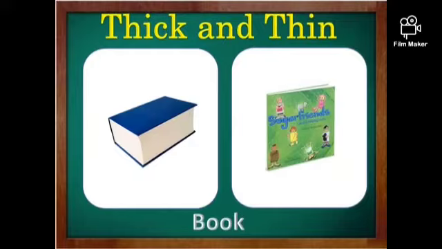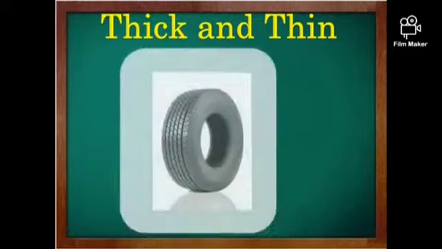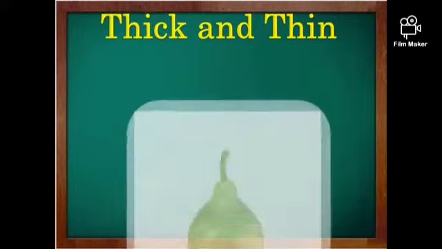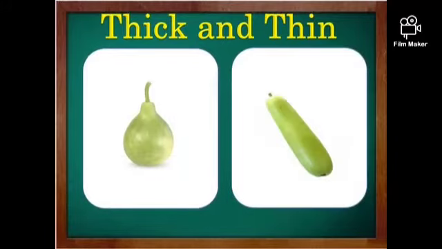Left book is thick and right book is thin. Tires. Left side tire is thick and right side tire is thin. Pumpkin and bottle gourd. Pumpkin is thick and bottle gourd is thin.